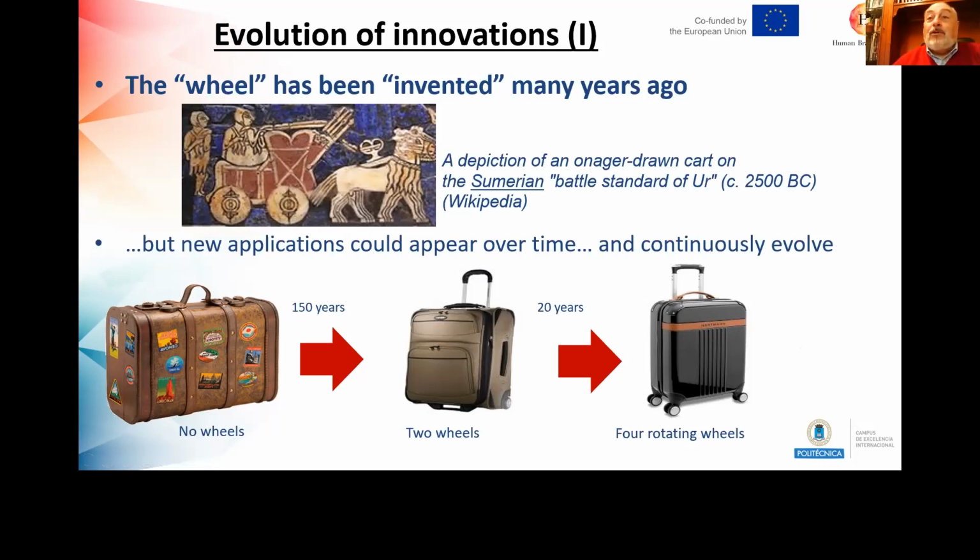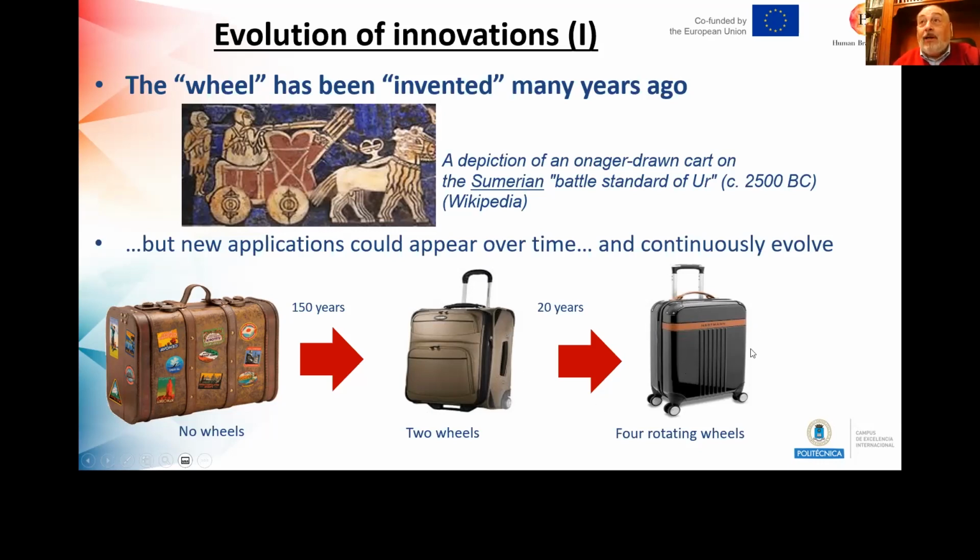What is the advantage with this one? It's easy to move them even inside the plane, which is much more difficult in other cases. But that's all. And then even here, apart from the shape of the luggage, you could have also other innovation. You see here the arm of the luggage is moving the same way as here.